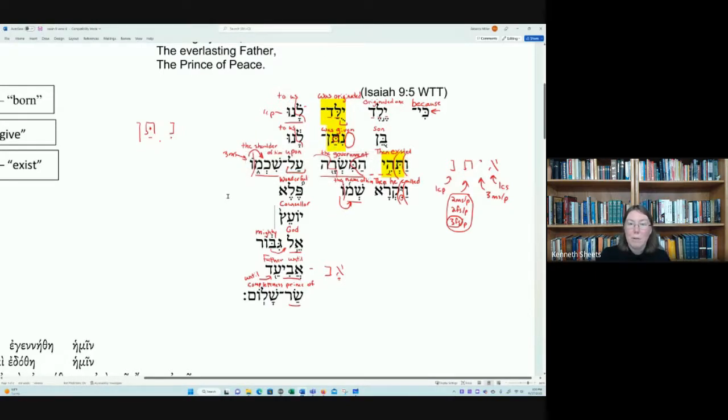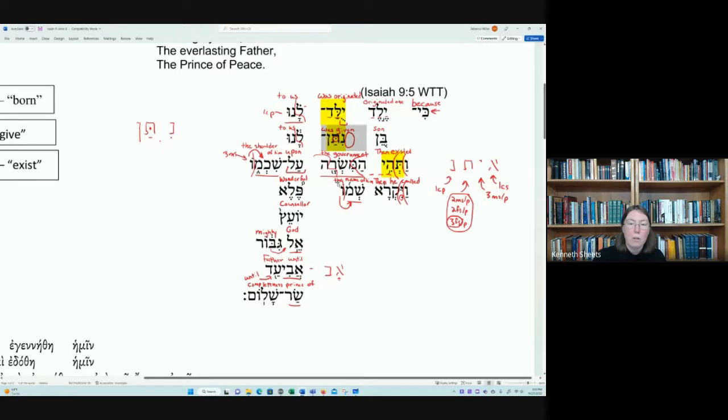And then we have further detail here as well. Then he called the name of him. Now, very clearly, the name of him is going to be referring to the son. But here, Vayikra, then he called, the one who is doing the calling here is also the one who did the origination and who did the giving.